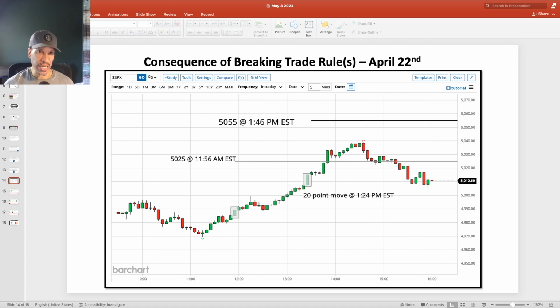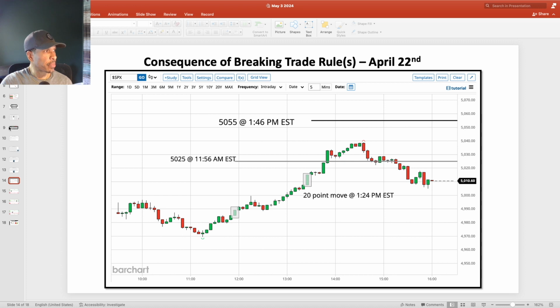regarding my trading is that I don't look to put on a trade until the SPX, which is what I primarily trade, the SPX 0 days to expiration, sometimes I do 1 or 2, has made at least a 20-point move above or below the opening price.